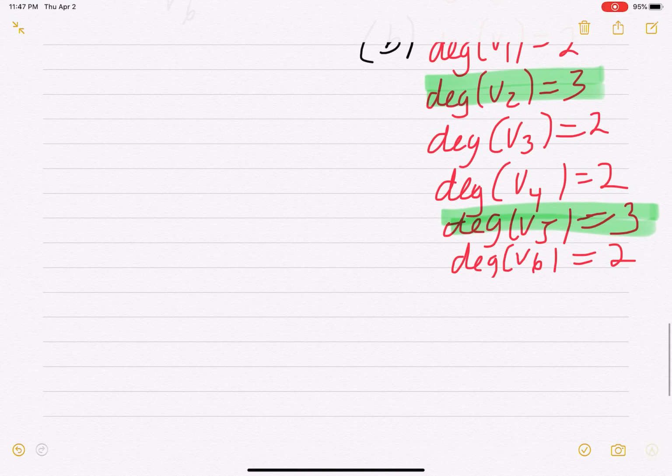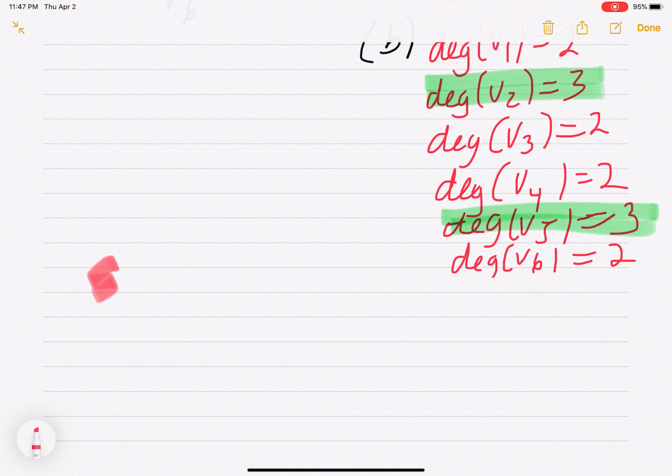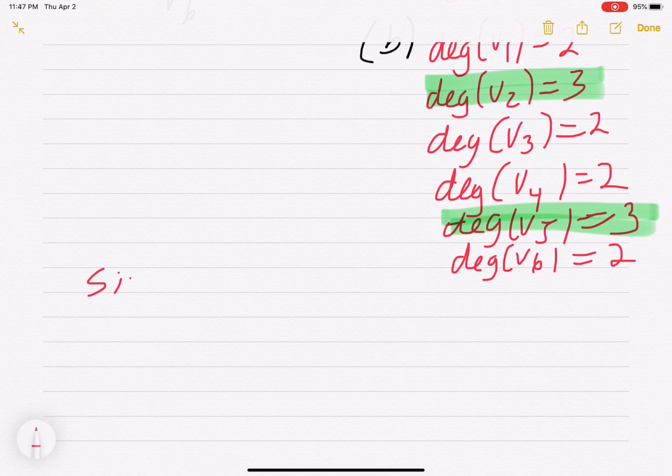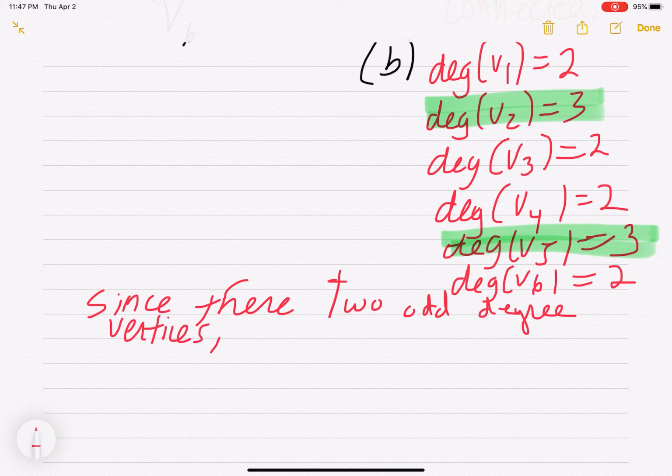So by Euler's theorem, since there are 2 odd degree vertices, then the graph is traceable.